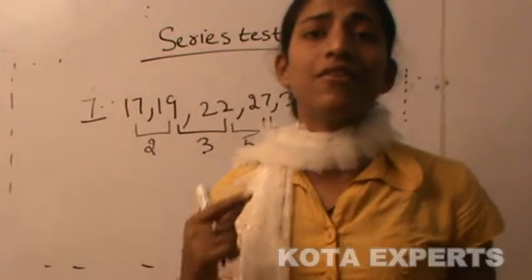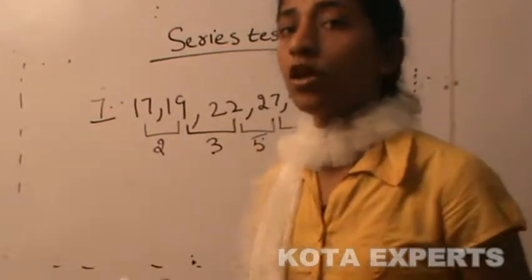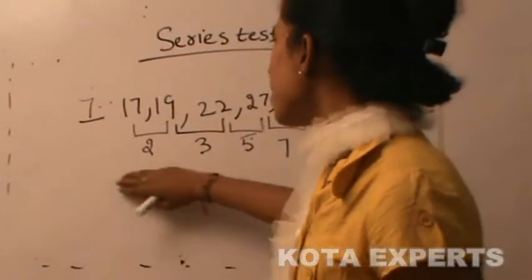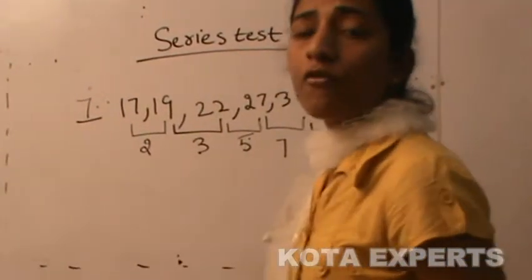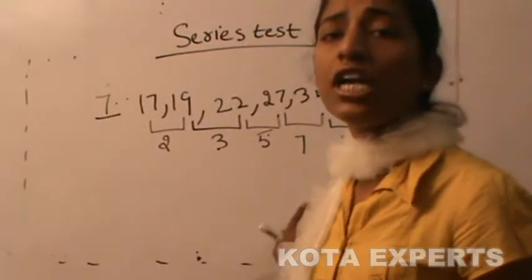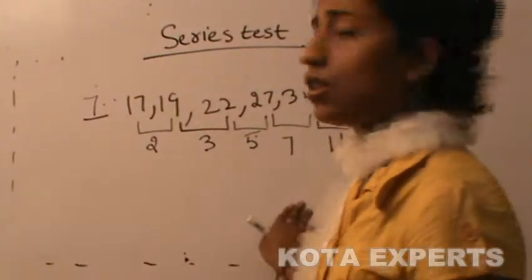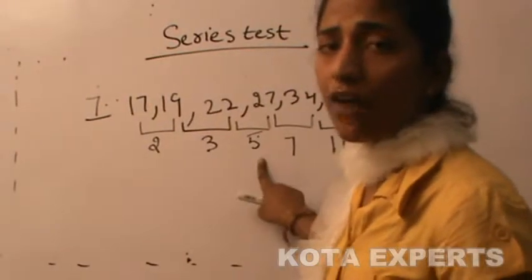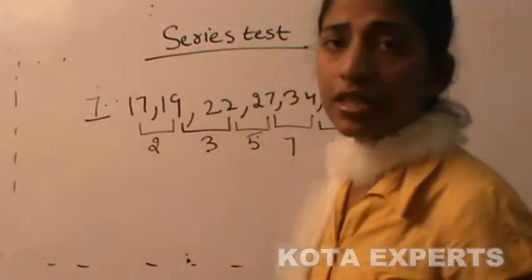Then what pattern will it follow? You all know what prime numbers are. It will follow the prime number pattern. What are prime numbers? Those that are divisible only by their own table. 2, 3 are divisible by their own table only. 5, 7, 11 are prime numbers.